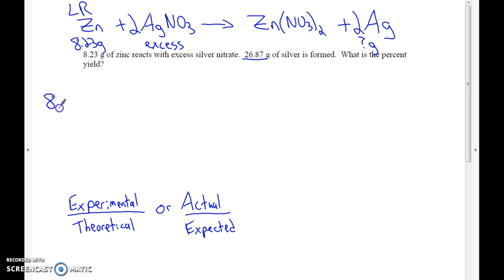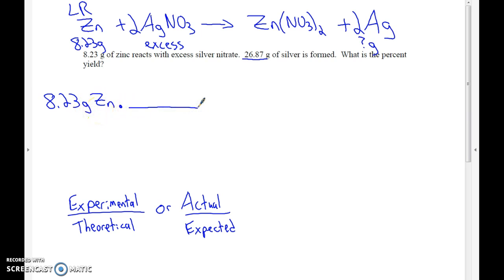So start off writing what you're given, 8.23 grams of zinc. Now, what I said in that stoichiometry overview video, remember at the heart of every stoichiometry problem is a mole-to-mole ratio. So what we have to do is figure out how to go from grams of zinc to be able to do a mole-to-mole ratio of moles of zinc to moles of silver. So that's telling me if I want to get to mole-to-mole ratio, I have to convert these grams of zinc to moles.